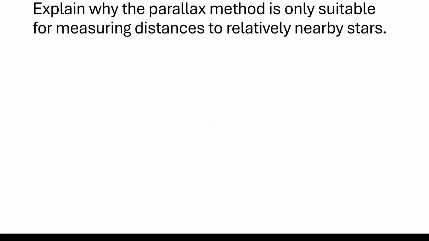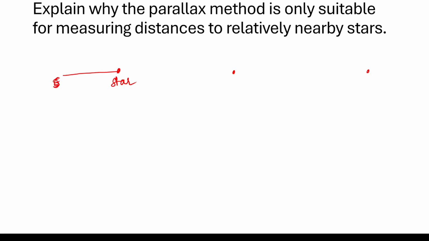Why is it only suitable for measuring distances to relatively nearby stars? Why can I measure only up to this star? Why can't I measure up to this star or this star? Let me show you the diagram here, then you can try and answer. Let's say this is your Sun.